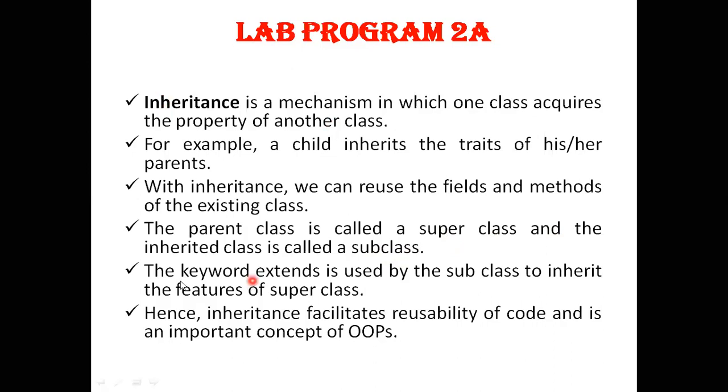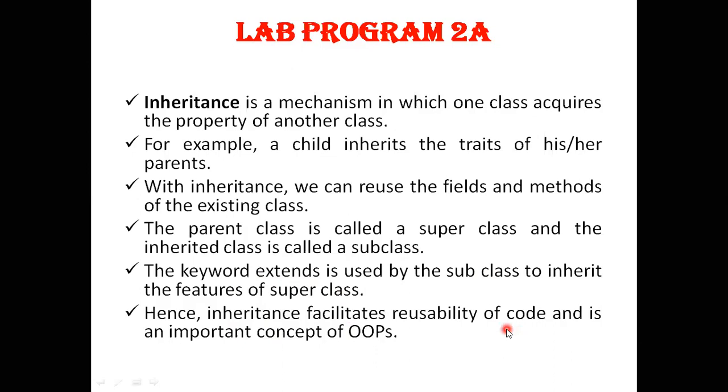In Java, we have to use a keyword called extends. The subclass has to use the keyword extends in order to inherit the features of the superclass. In C++ we use a colon, similarly in Java we use the keyword extends. Inheritance facilitates reusability of the code which is there in the parent class.